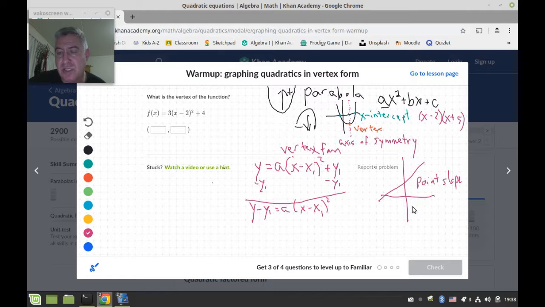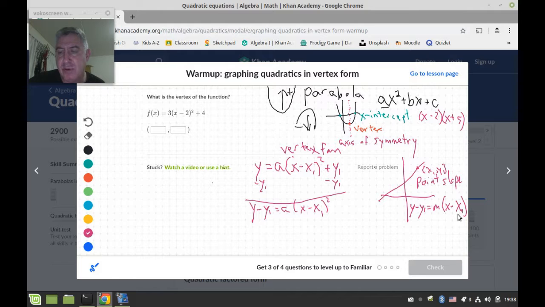Point slope looks like y minus y1 equals m, where m is the slope, times x minus x1. So we know one point, any point on the line, and that point is x1, y1, and we know the slope. We can easily write point slope.